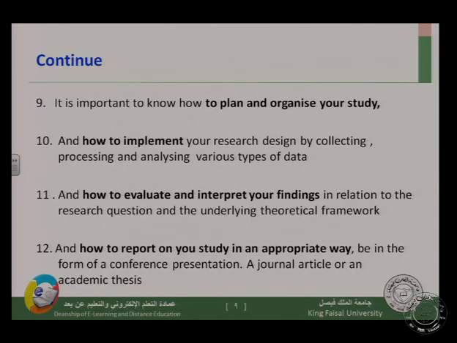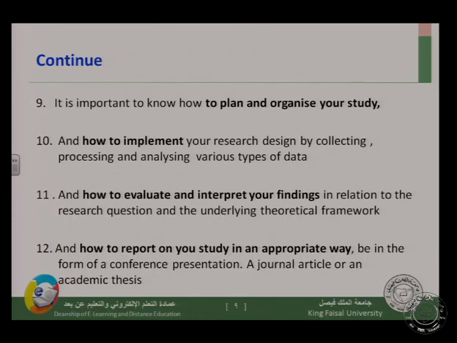Now, how are you going to implement your research design? How are you going to carry out? You say, okay, I'm going to collect data, I'm going to process the data, and I'm going to analyze various types of data.